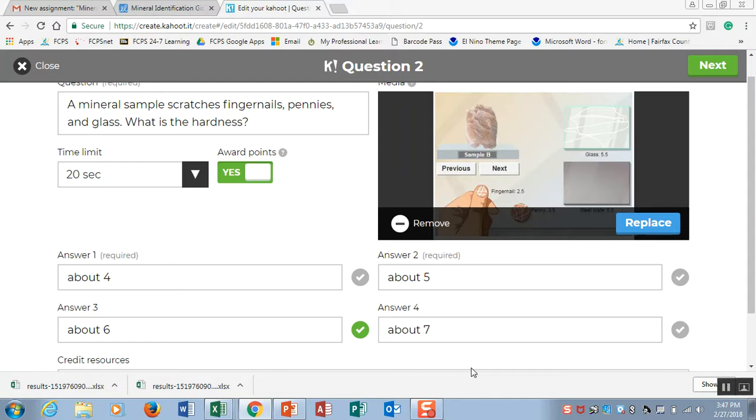So you know that it's at least a hardness of 5.5, but that mineral cannot scratch a steel plate, which has a hardness of 6.5 on Mohs hardness scale. So it's asking what is the hardness? The only possible answer for this would be 6, because the hardness has to be in between the hardness of the glass plate at 5.5 and the hardness of the steel plate at 6.5.